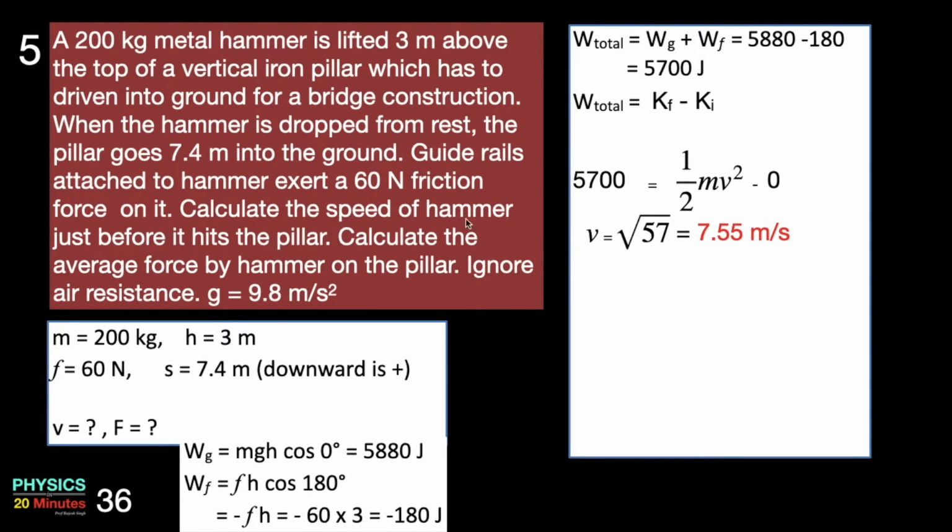The hammer will hit the pillar with a speed of 7.55 meter per second. The pillar goes 7.4 meter into the ground and stops. It doesn't go further. That means within a displacement of 7.4 meter, both hammer and pillar will come to rest.